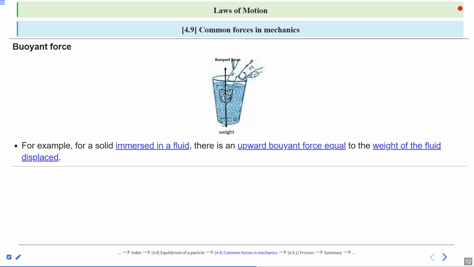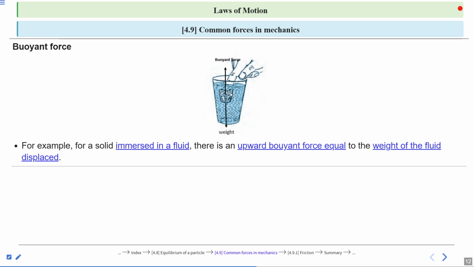Clear? Suppose, listen carefully, when you put any object in water or any fluid, it feels lighter or may even float. That's because the fluid pushes the object upward with a force. This upward force is called buoyant force, also called upthrust.